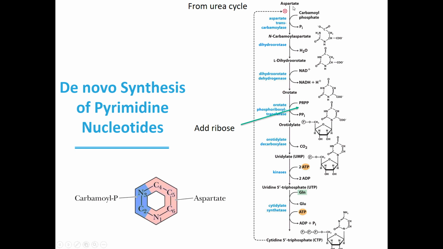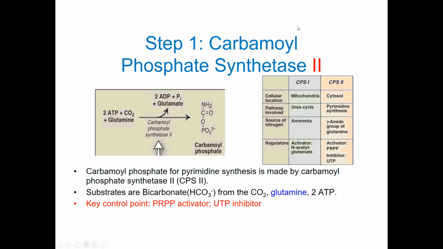So aspartate is pulled from the blood pool of amino acids. Carbamoyl phosphate is made in the cytosol by the enzyme carbamoyl phosphate synthetase 2. So we're following this group here. We're going to take ATP, bicarbonate, and glutamine, combine them all together to produce carbamoyl phosphate.